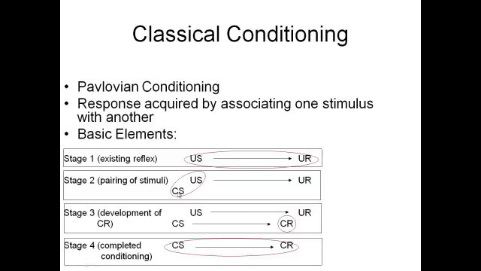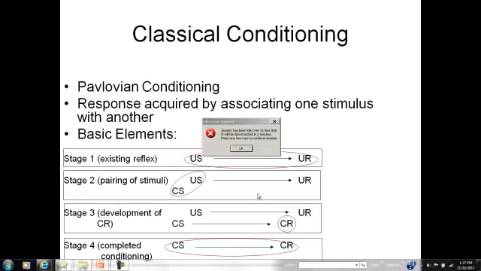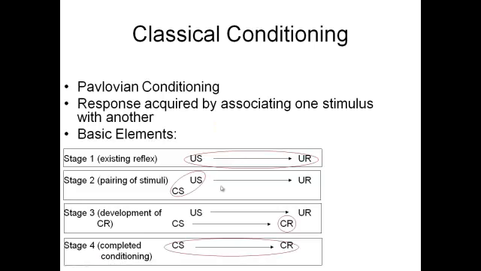Once you pair another stimulus with the stimulus that naturally causes our response, this is still leading to the unconditioned response, salivation, for Pavlov, salivation in response to food. What eventually happens is, with repeated pairings, the conditioned stimulus leads to the conditioned response, until finally, after conditioning is complete, you don't even need the unconditioned stimulus anymore. The conditioned stimulus by itself leads to the conditioned response.